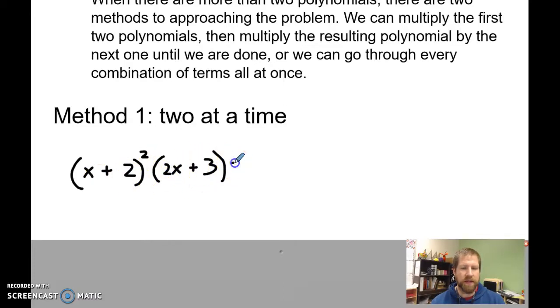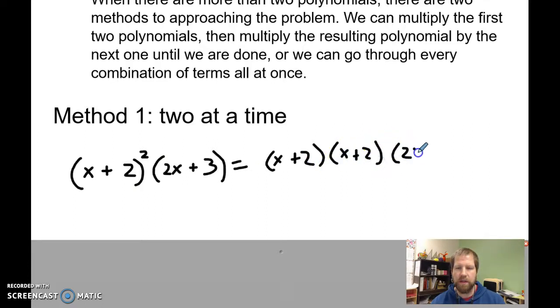So this is actually going to be x plus 2 times x plus 2 times 2x plus 3. Don't be afraid if it's got a square or a cube outside the parentheses. It just means you're going to multiply them together.